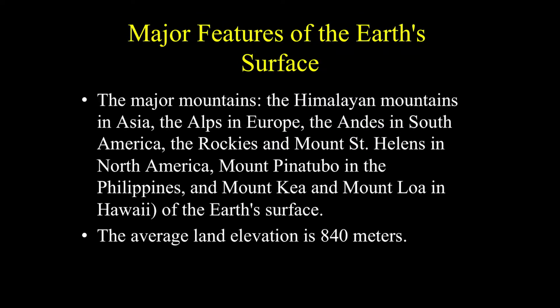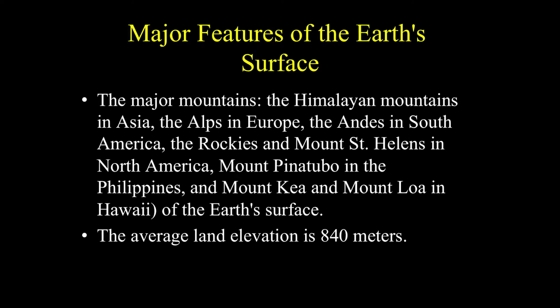The major mountains are also included: the Himalayan mountains in Asia, the Alps in Europe, the Andes in South America, the Rockies and Mount St. Helens in North America, Mount Pinatubo in the Philippines, and Mauna Kea and Mauna Loa in Hawaii.